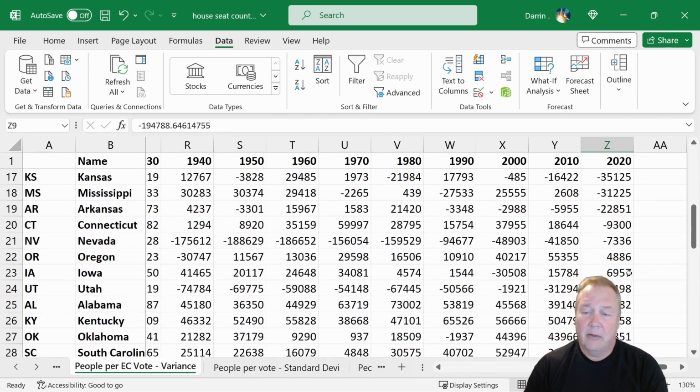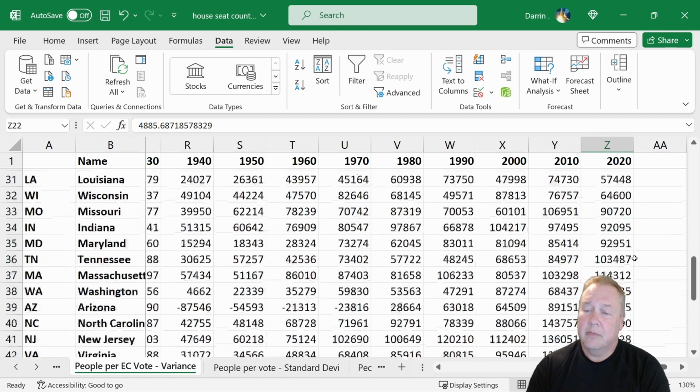You've got to get all the way down here to Oregon. Well, I guess it's the 21st most populous state before you start to have a situation where you have less representation. In this case, a negative number means that you have fewer people per representative, so each person has more representation.